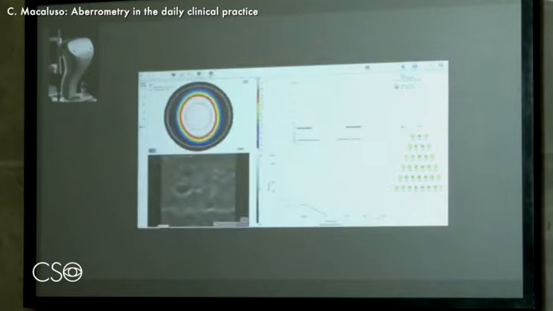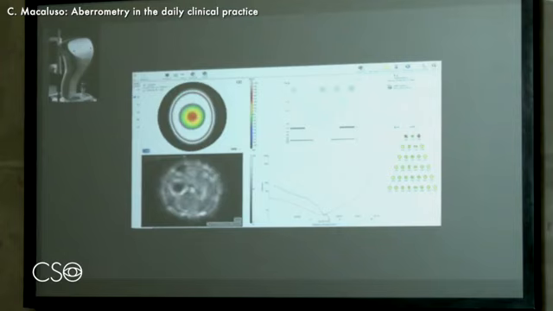We go to the same window we were in before, the visual effects of aberrations, and this is something strange. On the left, we cannot really see the point spread function. The PSF is so big that it fills completely all the field. But if we switch to a smaller pupil, a 3 millimeter pupil, we start seeing something.